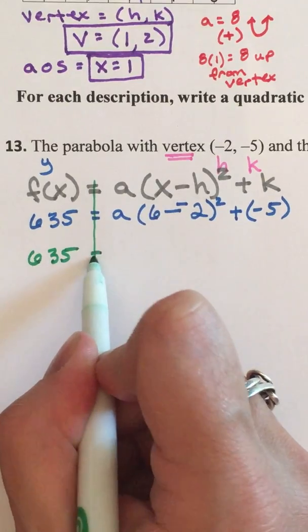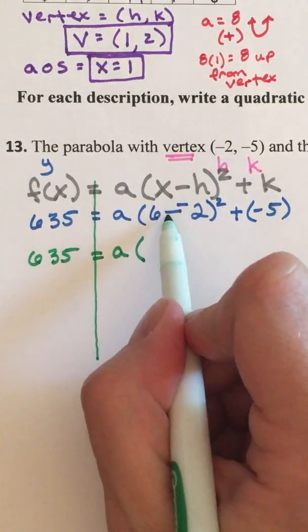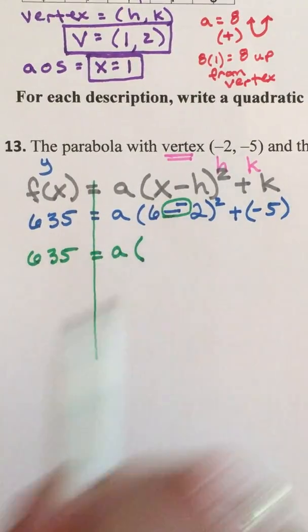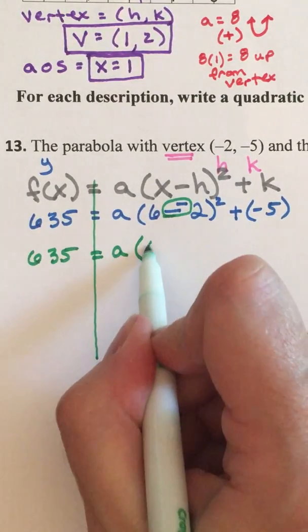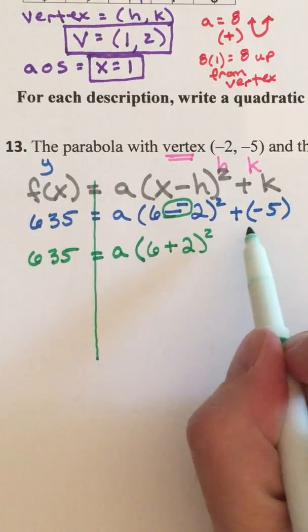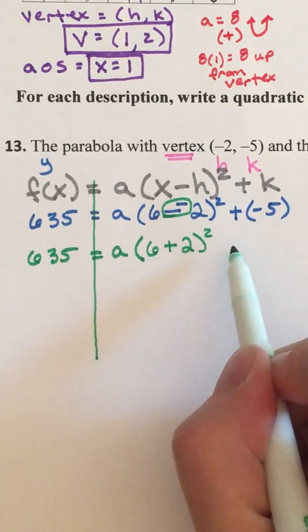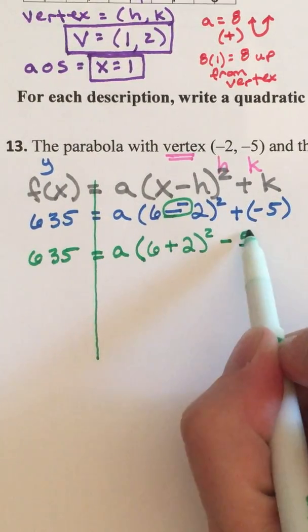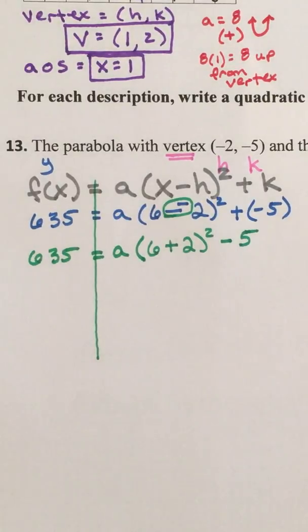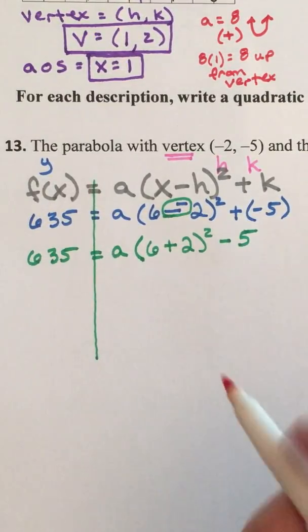635 equals a times. What's a minus and a minus side by side? That's right, it's a plus. And what's a plus and a minus side by side? Good job, you remembered. It's a minus. Order of operations.